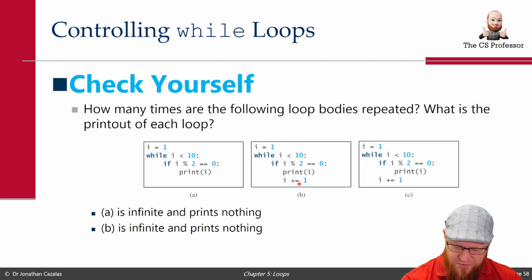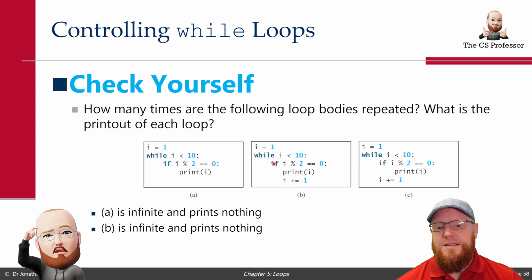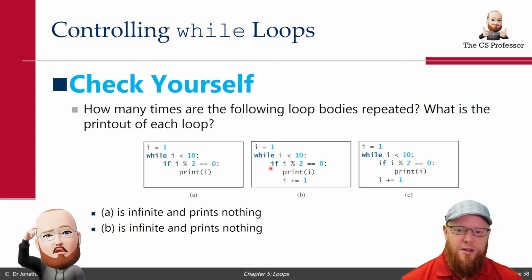And if you're a bit confused and you're like, why would this not print anything at all? Well, think about this. Where are we updating i? We're updating i strictly inside the if statement. And you're like, oh, right.